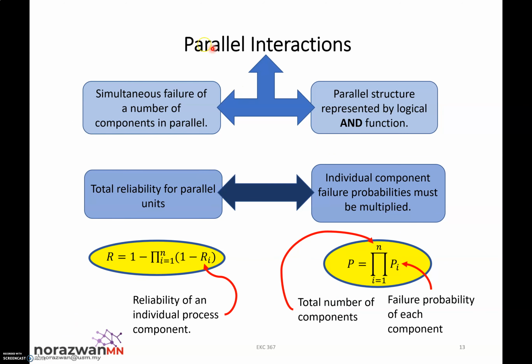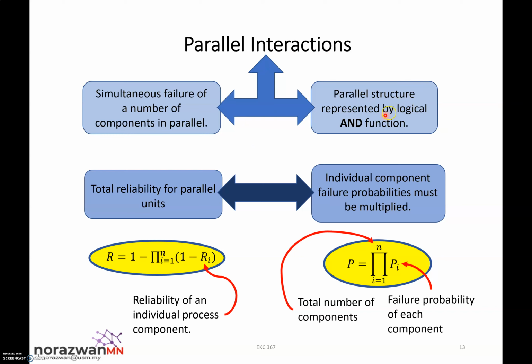So we look further, what is the parallel interaction? The parallel interaction is a simultaneous failure of a number of components in parallel. In other words, individual component failure probabilities must be multiplied. You need the AND function for this parallel interaction.